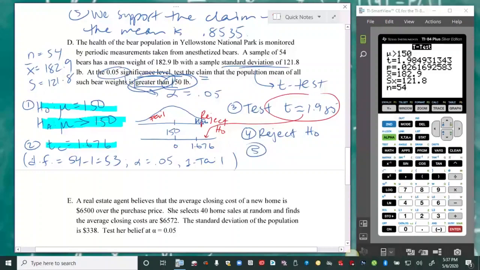We're testing the claim that the population is greater. This is my claim right here. So am I supporting the claim? Yeah, I did find a significantly higher weight. So yes, we support the claim that the weight is higher than 150.